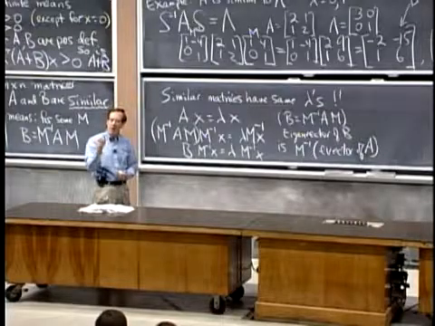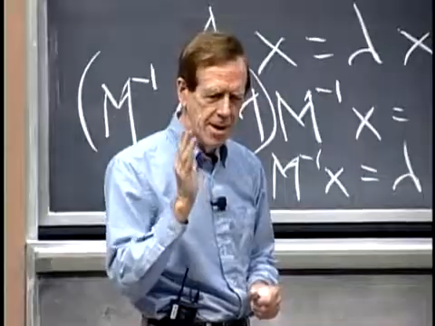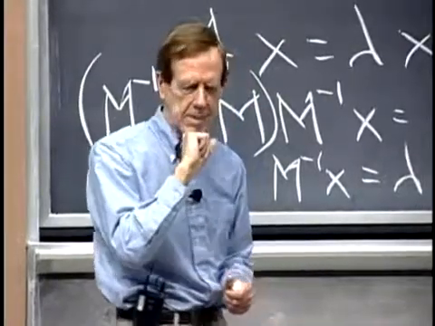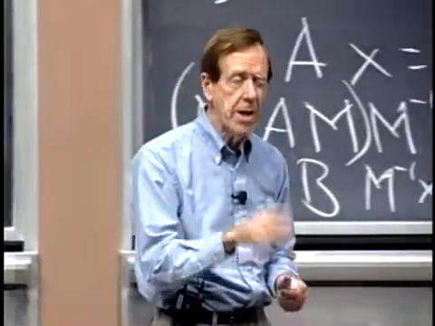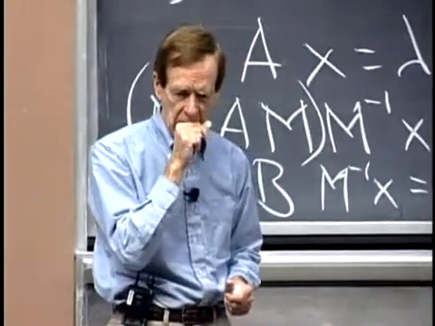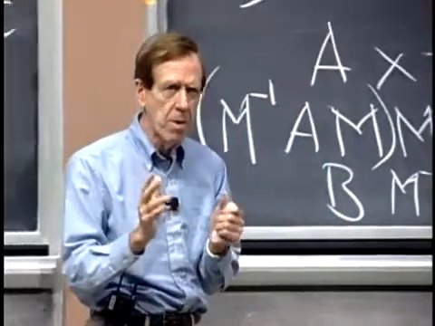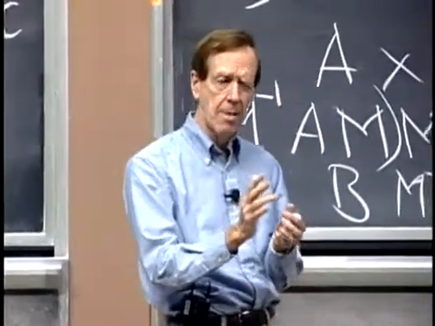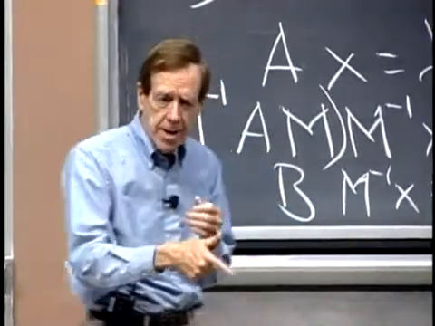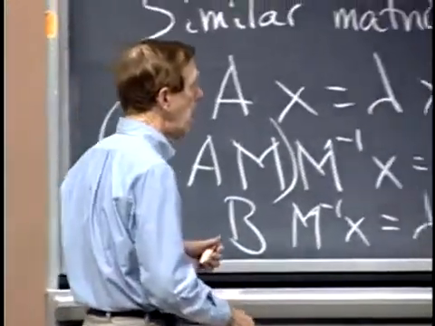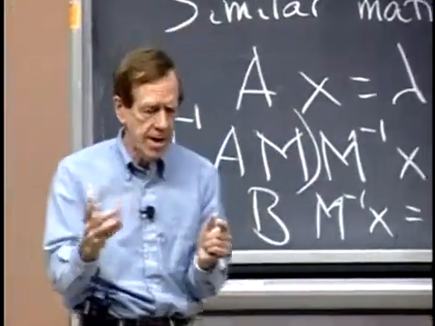I now have to get into the less happy possibility that the two eigenvalues could be the same. And then it's a little trickier, because you remember, when two eigenvalues are the same, what's the bad possibility? That there might not be a full set of eigenvectors, and we might not be able to diagonalize.